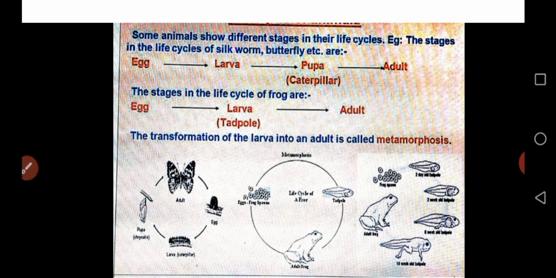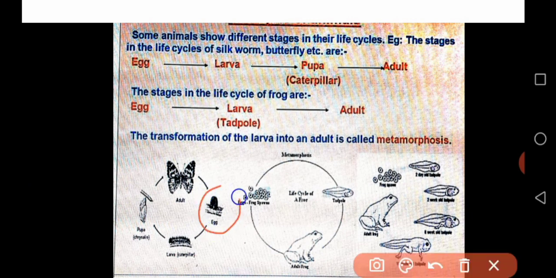So that is the butterfly. I will explain once again. The first stage is the release of the egg. After the egg is released, some changes take place in it. Finally they take part in the formation of the next stage, the larva. After the larva, the next stage is the pupa, which is also called the caterpillar.